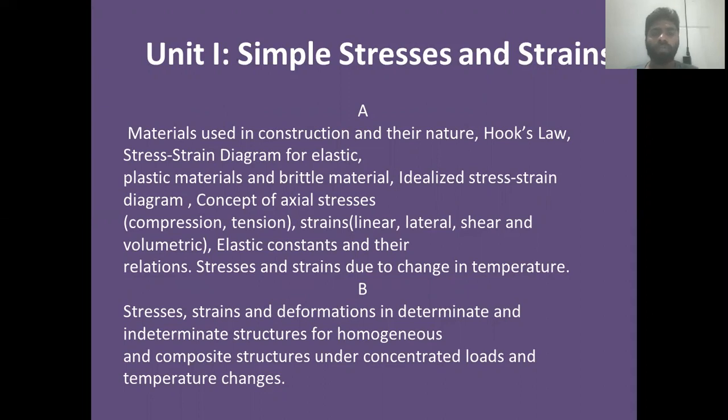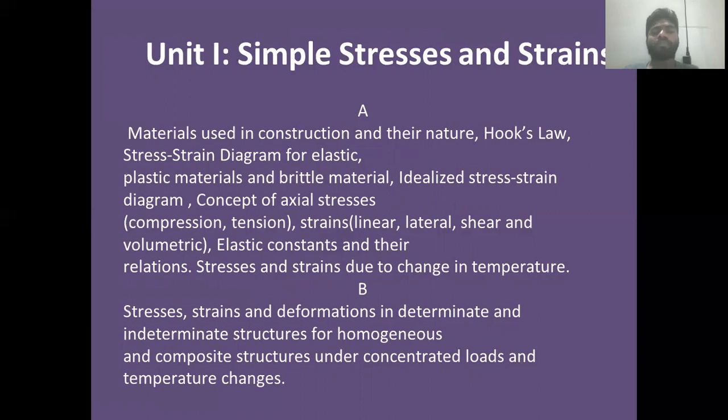Next, compression and tension. Axial stresses act along the axis going through the cross section. If the forces come towards each other, that is known as compression, and if they go away from each other, that is known as tension.